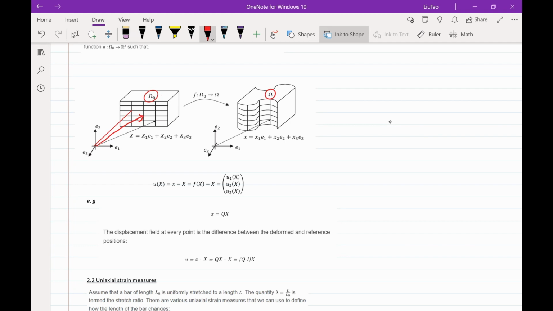Then the deformed configuration can be assumed to be a function f from omega 0 to omega. In the majority of continuum mechanics applications, there are a few restrictions.